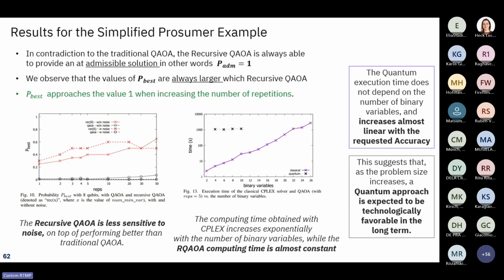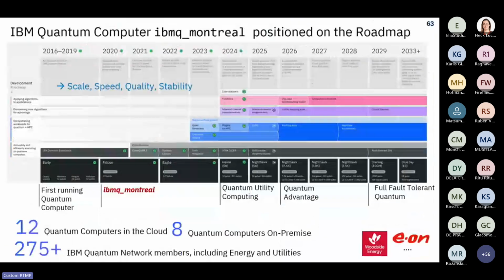So if the problem size grows, we are almost sure that the quantum approach is scaling much better. In other words, the size of the problem can grow and your quantum approach will still be able to tackle the problem even if the size becomes larger. Yeah, that is a very interesting conclusion.